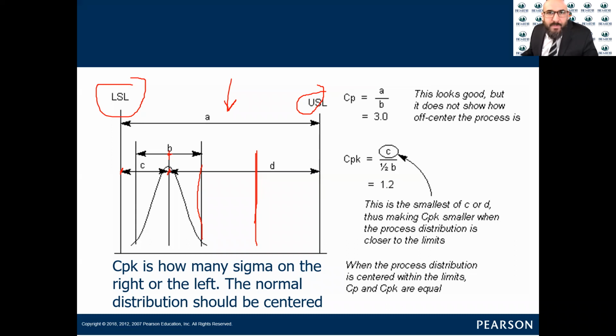Half of B would be 3 sigma. When the process distribution is centered within the limits, CP and CPK are equal. So we know that the process is centered when the CP equals the CPK. CPK is how many sigma on the right and the left the normal distribution should be centered.